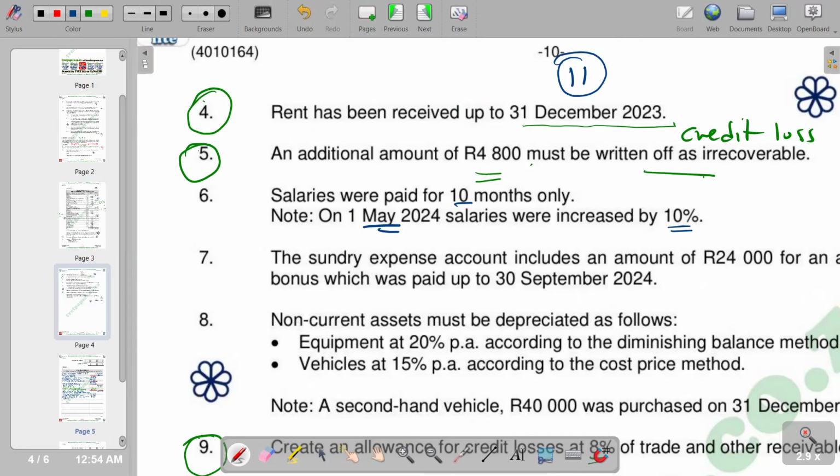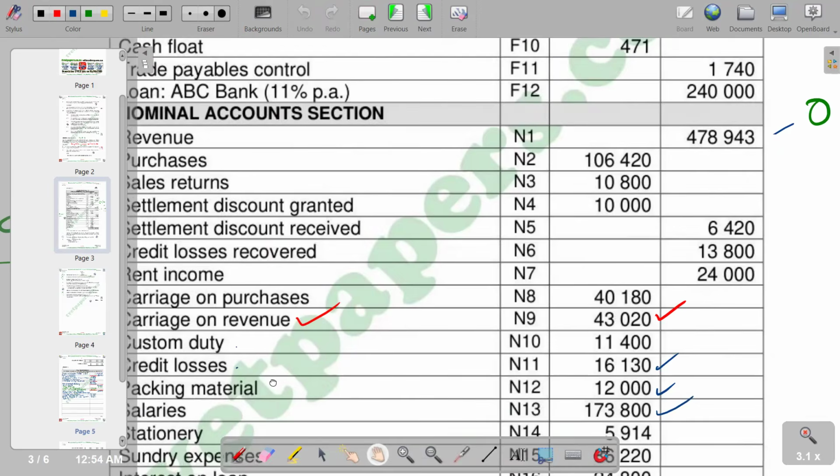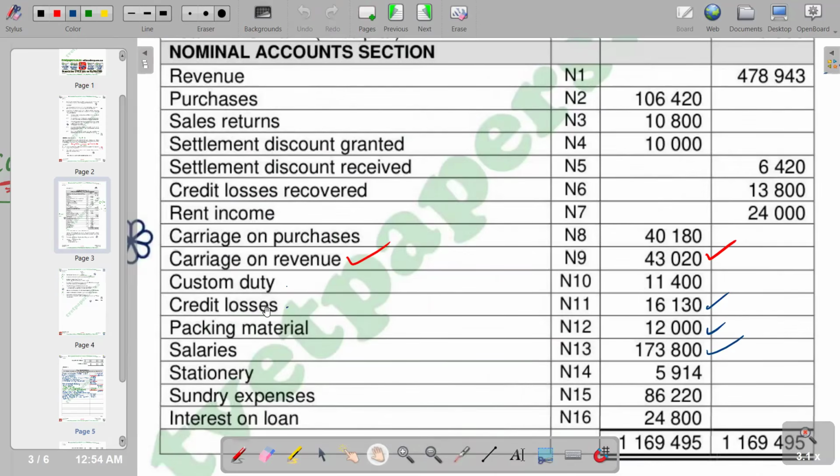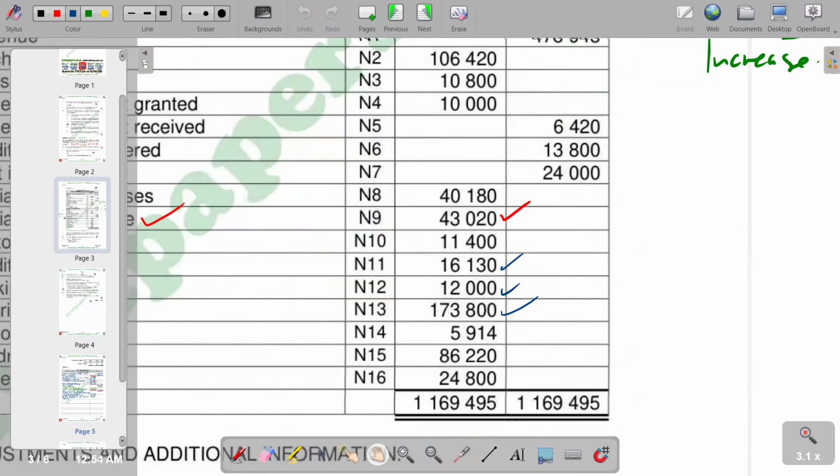So we are saying the salaries figure that we have here is 173,800 divided by 10. You're going to get it as 17,380. So this is the monthly salary before the increase and before May.